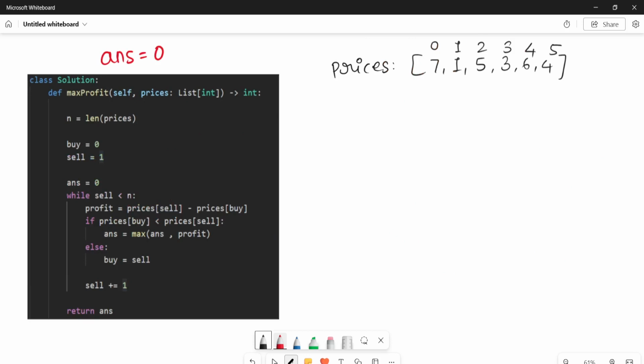Okay, so this is the optimal solution using two pointers. We have two pointers, buy and sell, at index 0 and index 1 initially. So this is buy, this is sell.